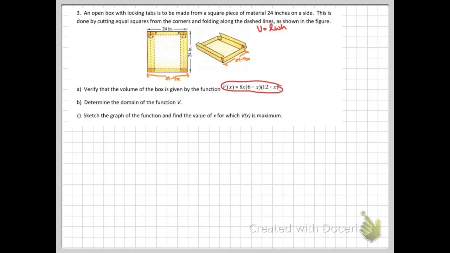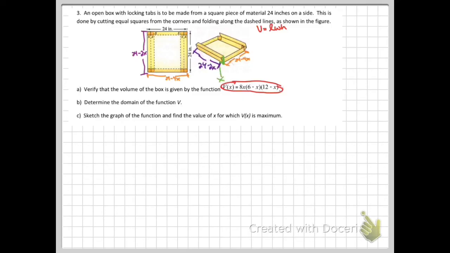Keep that idea in mind and figure out what this side would be, which is this side. So it starts as 24, and then how many measurements do we lose? We lose 2 x's. And then finally, what is the height of this box? After you fold that all up, the height ends up being x.